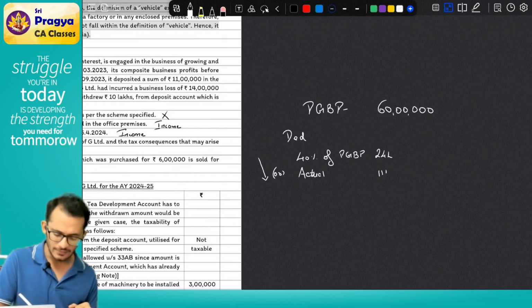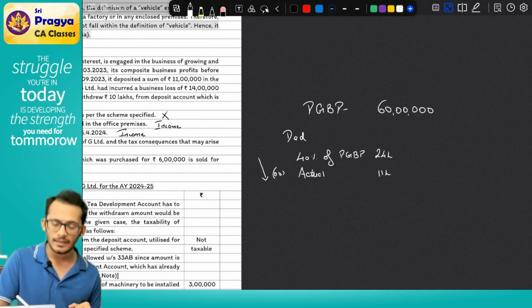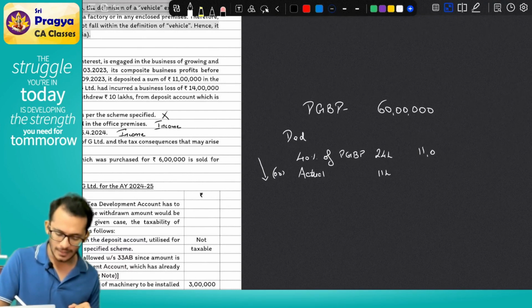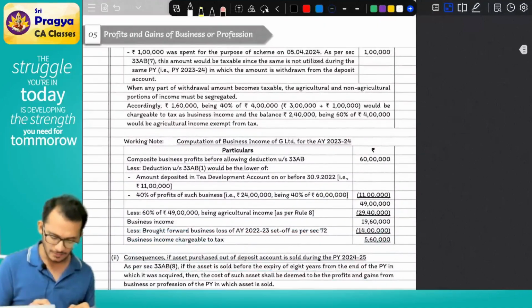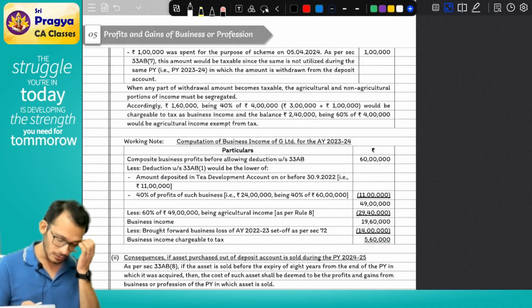Actual is 11 lakhs. Can I claim whichever is lower? Yes. So therefore, I will claim the whole 11 lakhs. Therefore, it becomes 49 lakhs. Yes or no? It becomes 49 lakhs. Now, in this 49 lakhs, Rahul, what is happening?